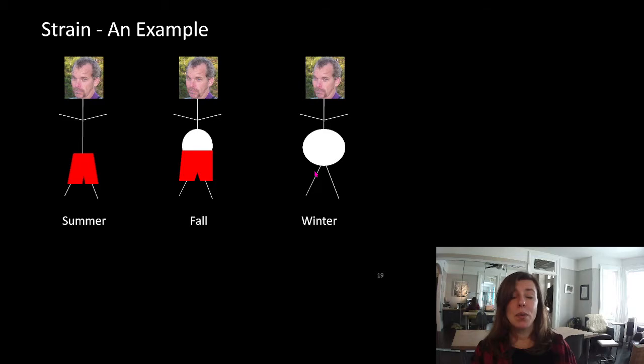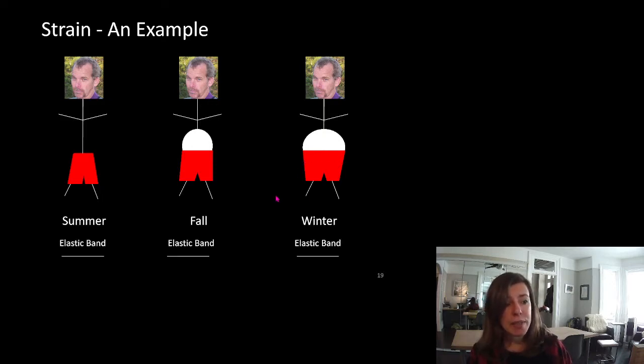Well, winter holidays come around. Dave has been eating a lot of junk food. He goes to put on his running shorts. They stretch that elastic a lot. Let's take a look at what's happened here. They all started at the exact same length.